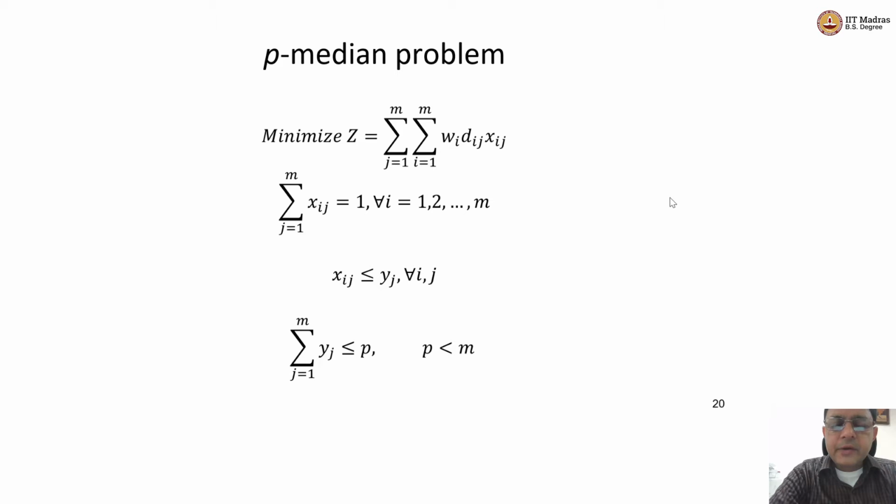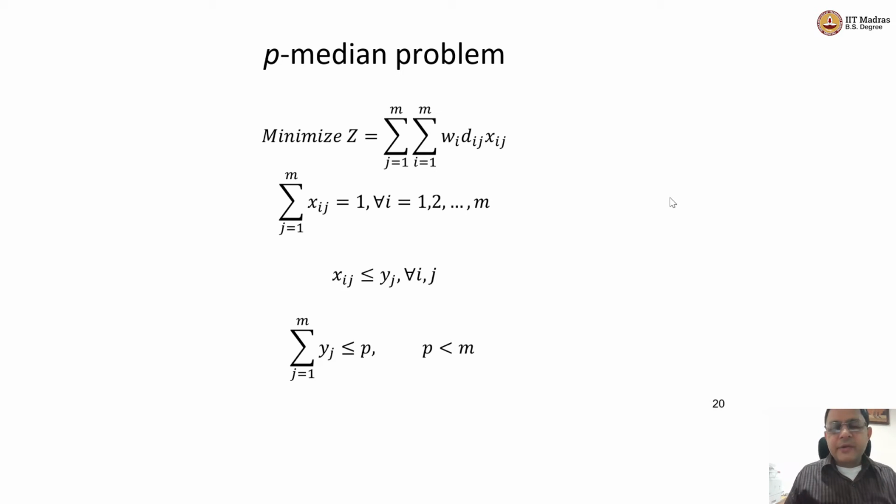That also had a very strong budget constraint, saying that I can only have p number of medians, which is why the optimization problem is called a p-median. Median essentially represents the facility. So the summation of yj less than or equal to p represents the budget constraint, saying that I only have enough money to have p number of facilities.